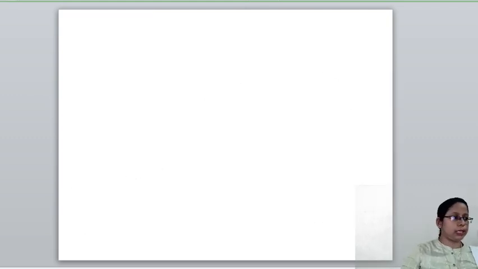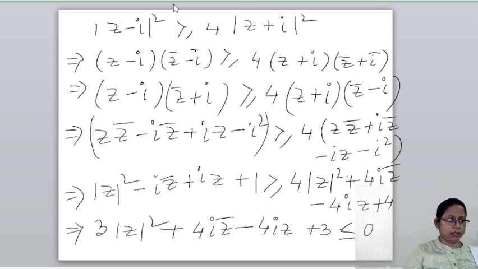In the next step, it will be 3 mod z square plus, if I bring this to right hand side, it will be 5, not 4. Okay, it will be 5, not 4. When it is minus i z conjugate, brought to the right hand side, it will be 5, and again for i z it will be minus i z, so this minus 4i z will give you 5.